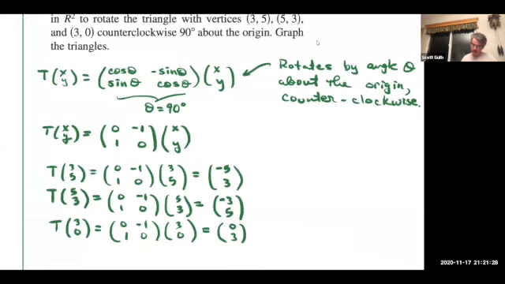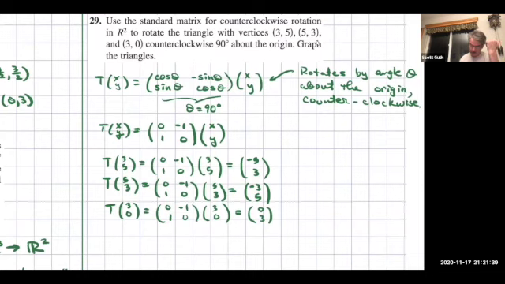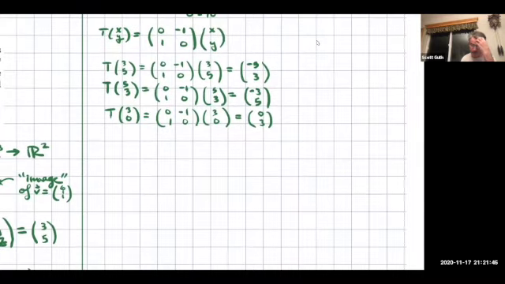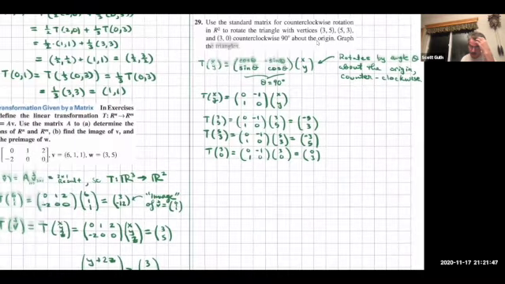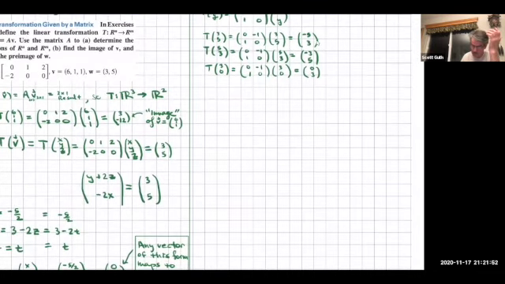Okay. Now I'm going to get some graph paper going here. They want us to graph both triangles. And looks like I have to get some x coordinates of negative 5 and negative 3. So I think we'll just have everything go from negative 5 to 5. Hope that's going to work. Let's see, 5, 4, 3, 2, 1, 0.